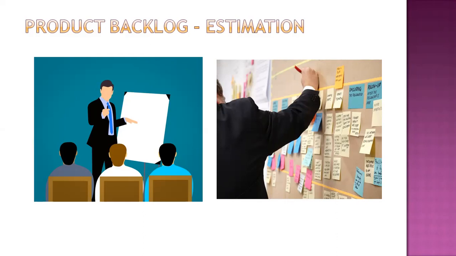Okay, there are 5 stories. How many story points have been written? Okay, this much. Now go to the Scrum Master and ask the average velocity the team is running at, and look at how many sprints it will take. Now go and tell the business, search functionality is going to take 3 sprints. Fair enough, right? This is what estimation in the product backlog is going to help with.